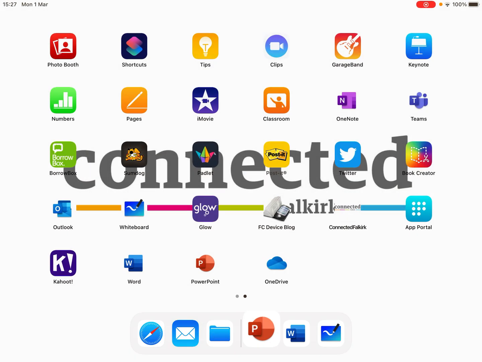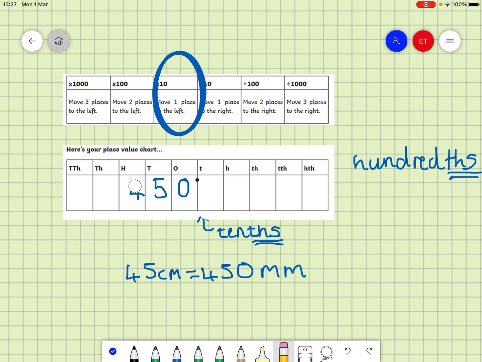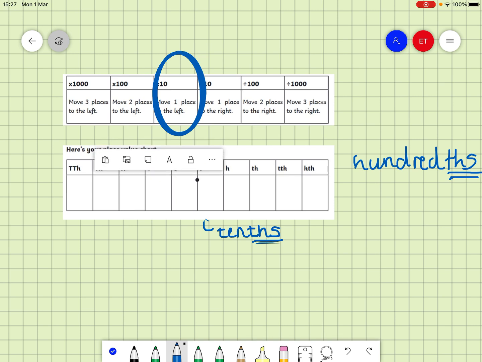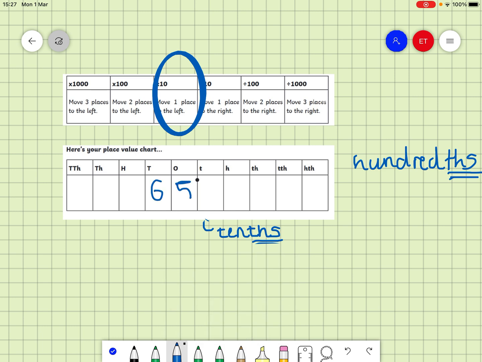So again, to find out how many millimetres, we need to multiply by 10. When we multiply by 10, we move each digit one place to the left. So we had 60, I'll write it smaller. We have 65 centimetres, okay? So each digit's going to move one place to the left, like that.